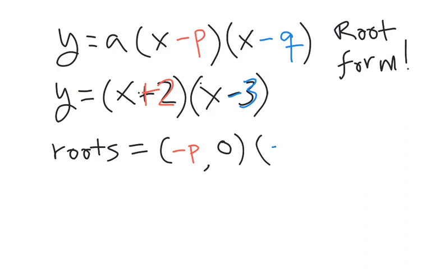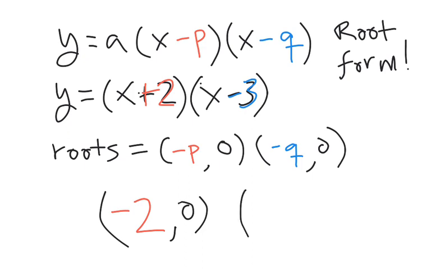And I've got -Q, comma 0. Again, not necessarily always negative. So for this case, I have a +2 as my -P, so I have to flip it. I'm going to say it's -2. And then likewise, I always get a 0. And then for the next one, I have -3, but I need to flip it, so it's going to be +3. So it's just the opposite of what the equation says, because math is supposed to be confusing, right?